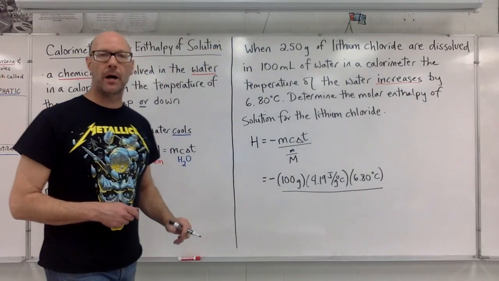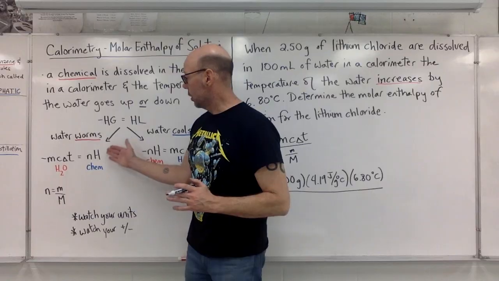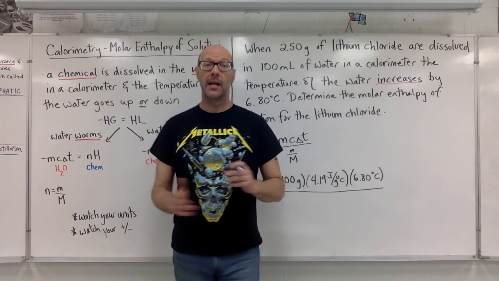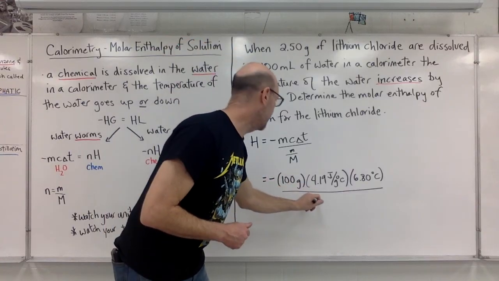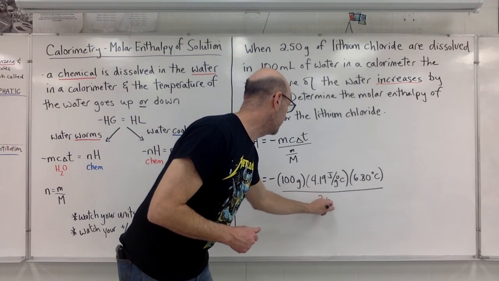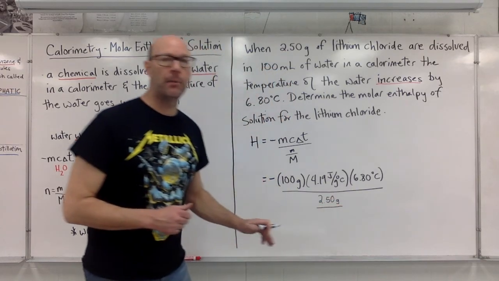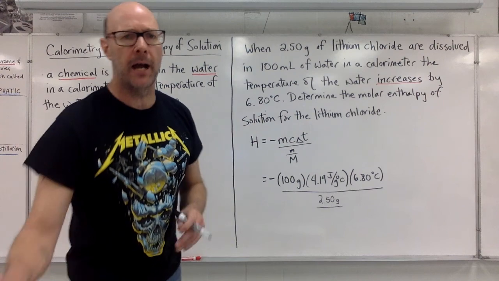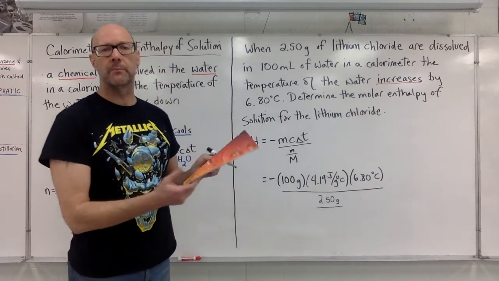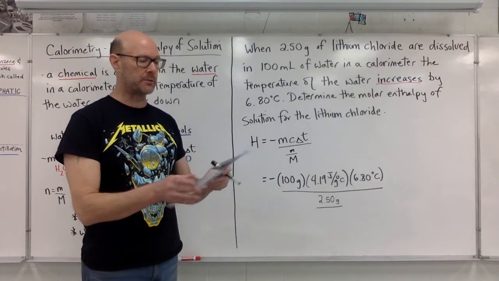This is divided by the mass over molar mass, which is the moles, which came from the chemical. Here it's the lithium chloride. We had 2.50 grams. We're going to divide by the molar mass of lithium chloride. Take your time. If you have to double check some values in the data booklet for the molar mass, perfectly acceptable.